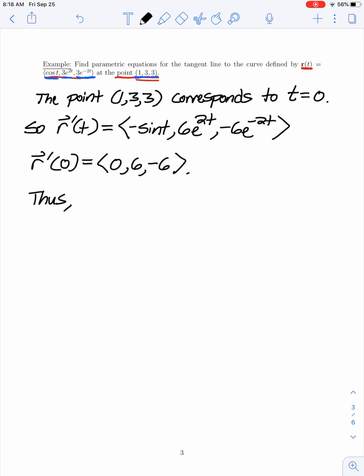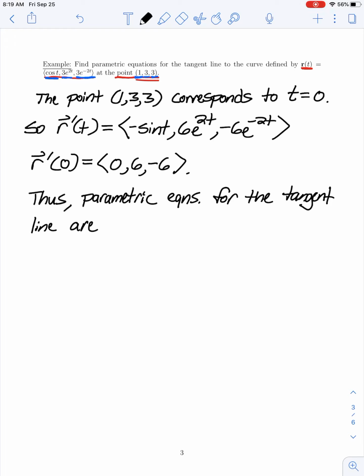So we can say at this point, parametric equations for the tangent line are given by x equals, well, I take the x coordinate for the point on my line, which was 1, and then I add the first component of my direction vector, which was 0 times t.